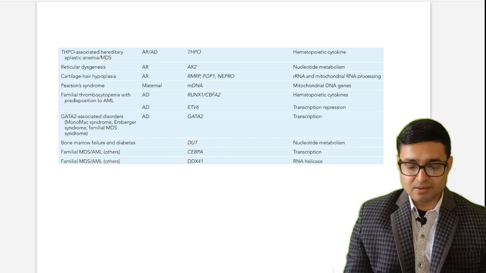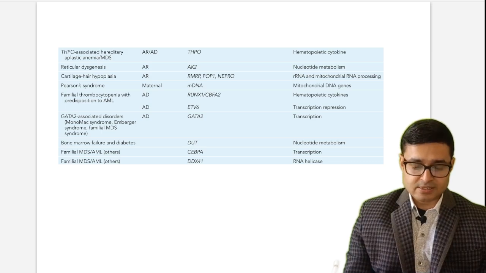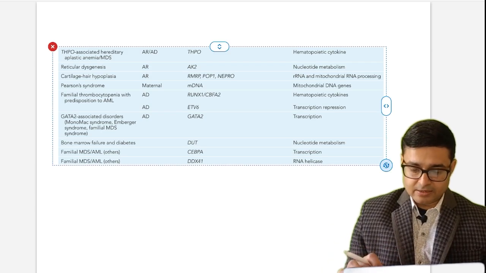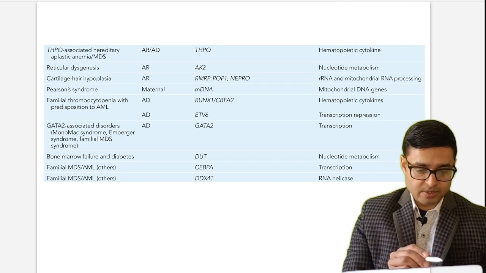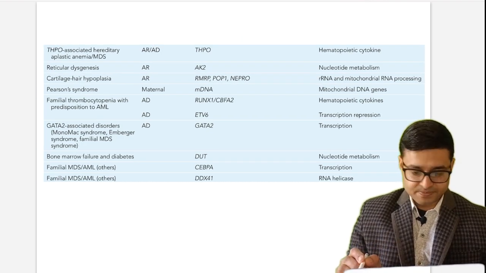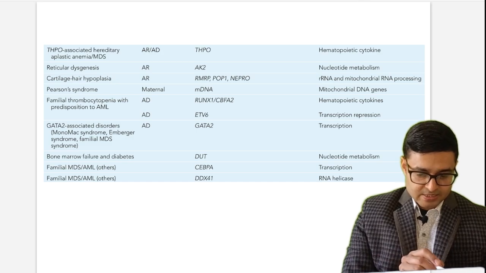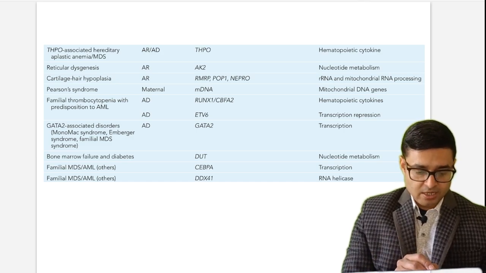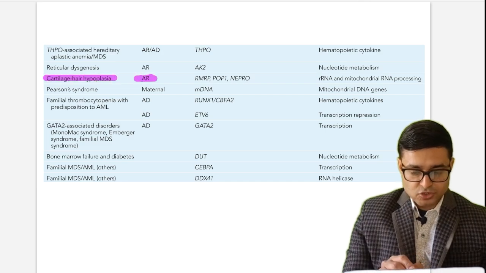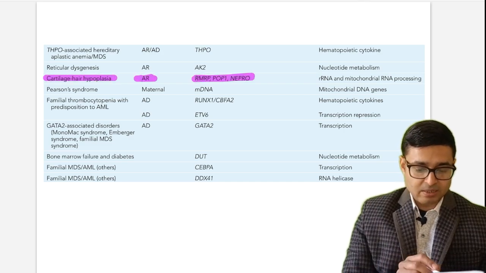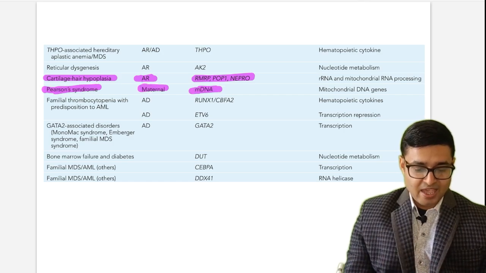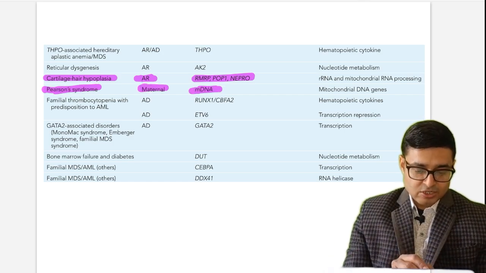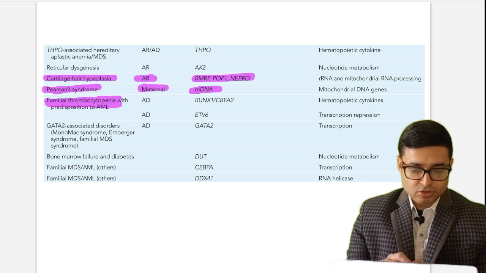So from this busy table, what is the important thing? We'll just highlight the important things. So in this table, this is THPO, it's sufficient. Cartilage hair hypoplasia is autosomal recessive. These genes are important. Pearson syndrome is maternal mitochondrial DNA. And again, familial thrombocytopenia is autosomal dominant.